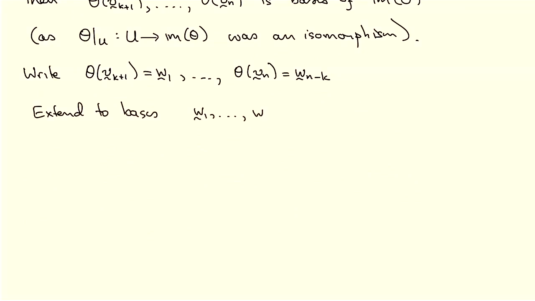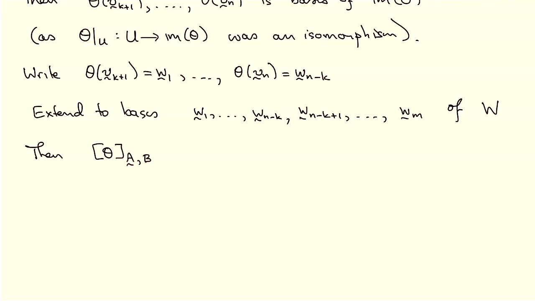So we've got W1 up to Wn minus k, and then whatever we need. Basis of W now. Then theta AB has the required form.